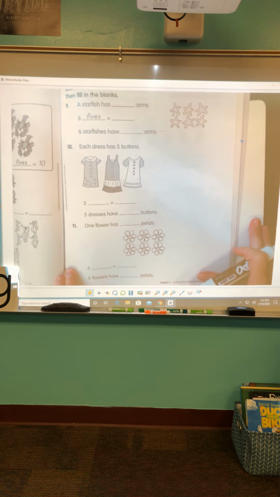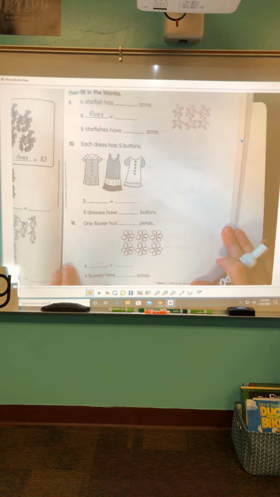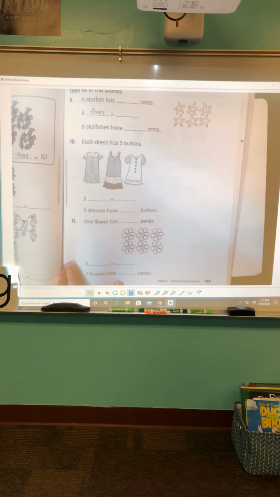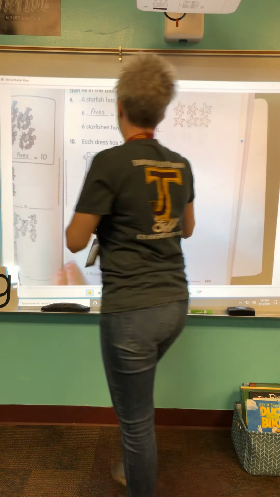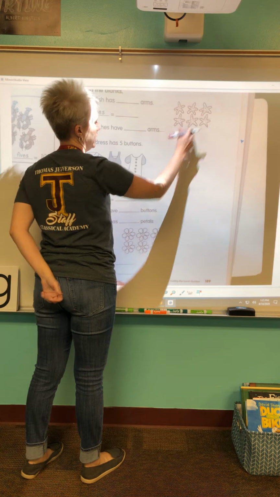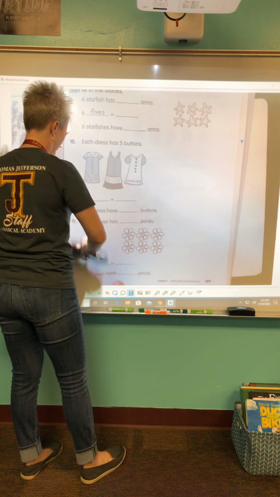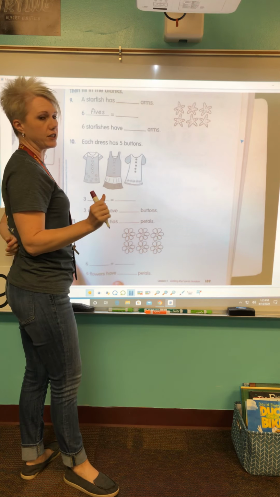Try to get the whole page on here for you. Okay. A starfish has blank arms. So here are our starfish, and it wants to know how many arms each starfish has.